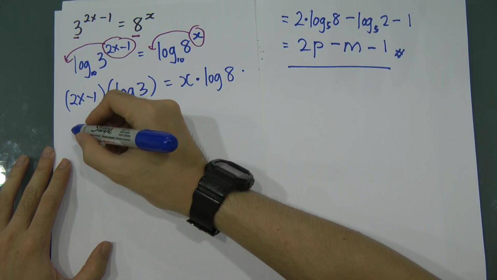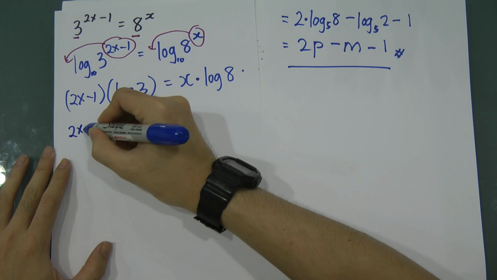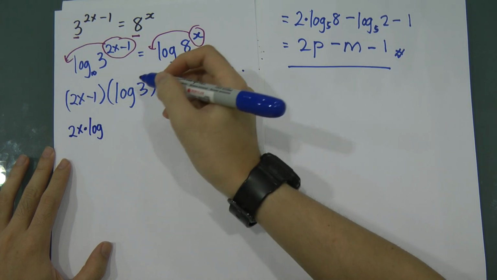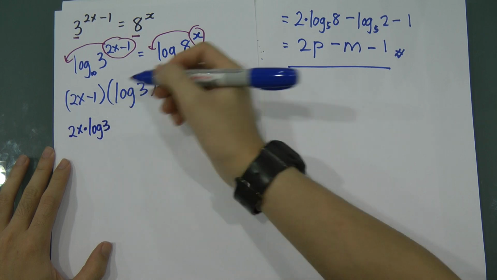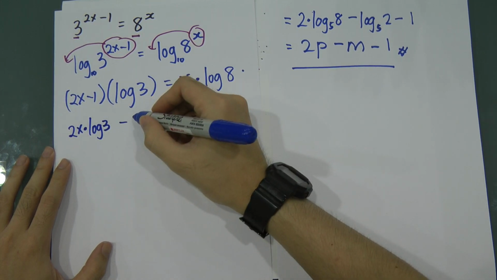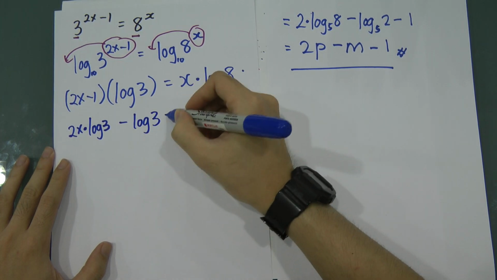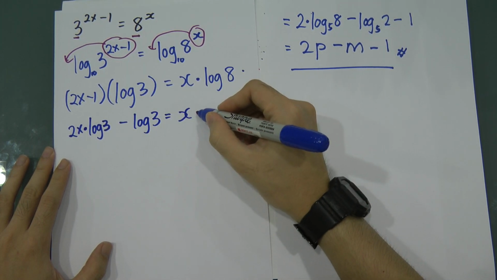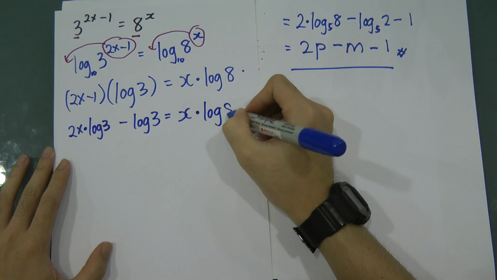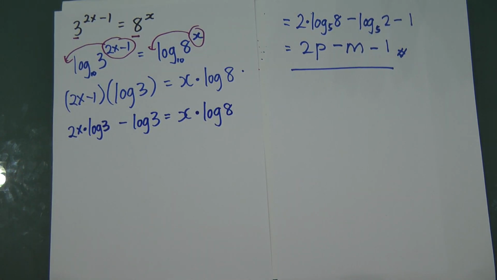So I will have 2x multiplied by log 3, minus 1 multiplied by log 3 is just log 3, equals x multiplied by log 8. Of course in this kind of example, those that have x, we have to put them together.